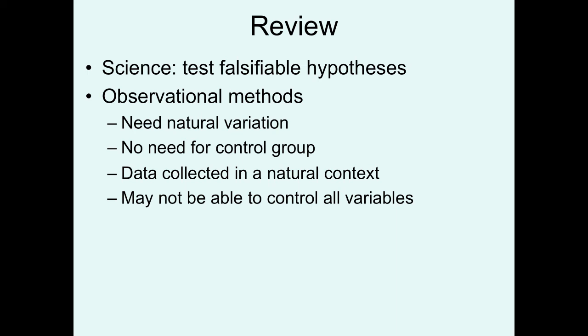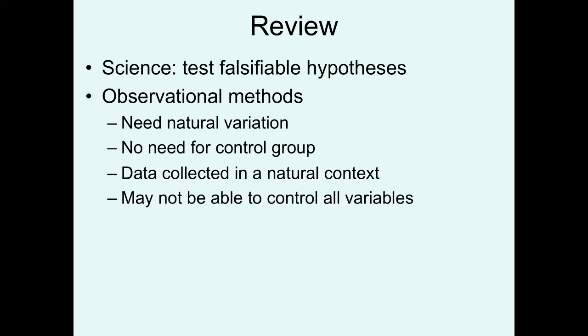One we talked about was observational methods, and they work well if there is natural variation in the trait that you're looking at in a natural population, in which case you can just observe that variation and look at the consequences of individuals with different trait variants. There's no need for an experimental control group because you're not doing any manipulations.